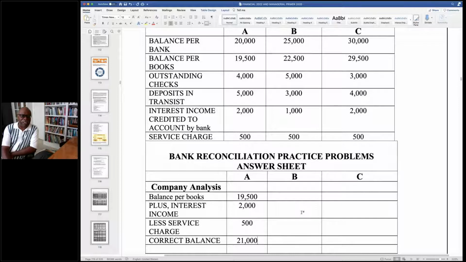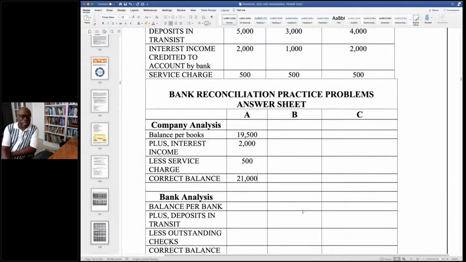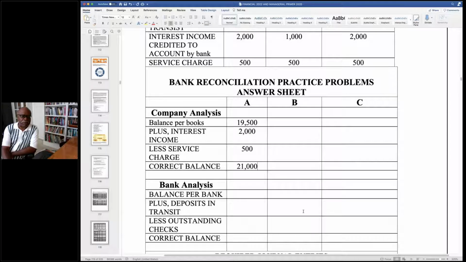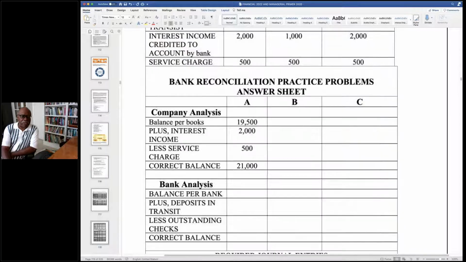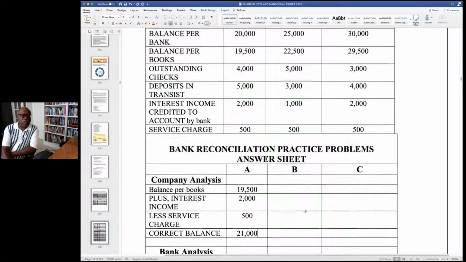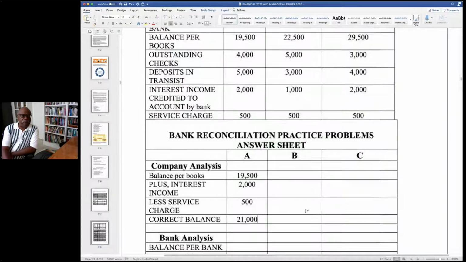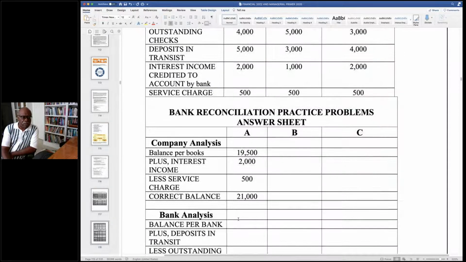Okay. Let's go and do the balance per the bank now. So let's take a few minutes and do that, with 20,000 being the first line that's going to be here. How much is the balance per the bank analysis going to be?